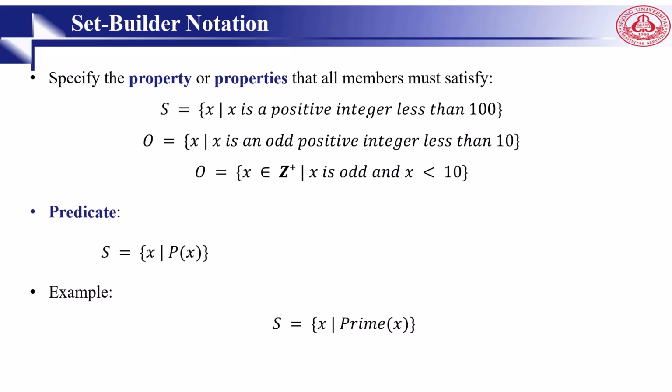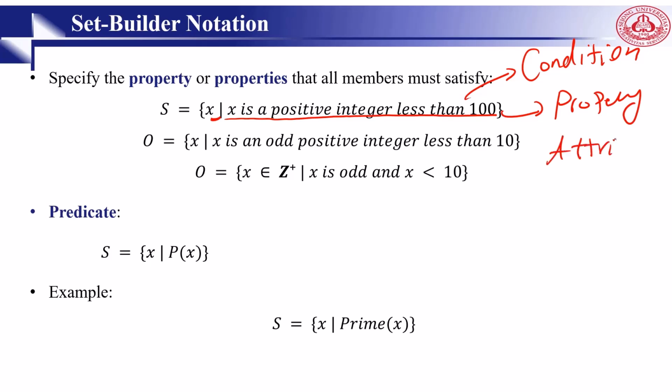We use set builder notation to specify the property or properties that all members must satisfy. For example, when we say S equals {x such that x is a positive integer less than 100}, this is the condition that x must satisfy. Condition, or you can say property, or attribute.